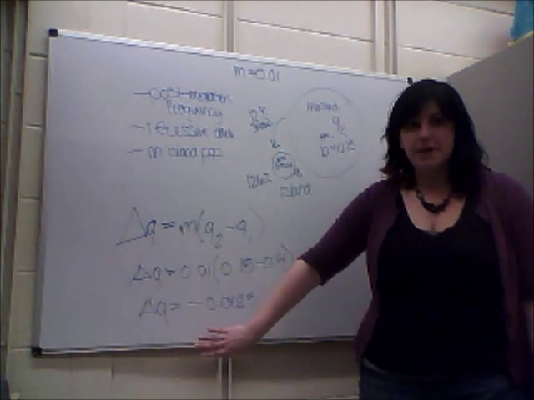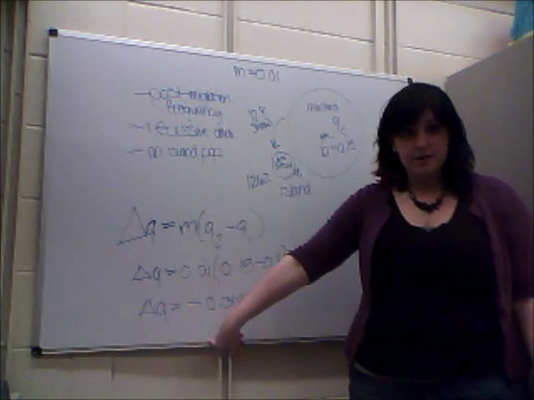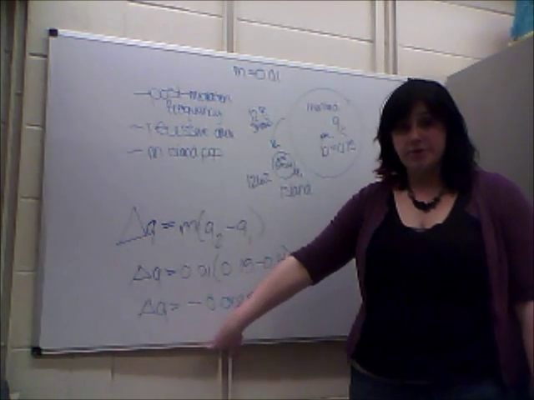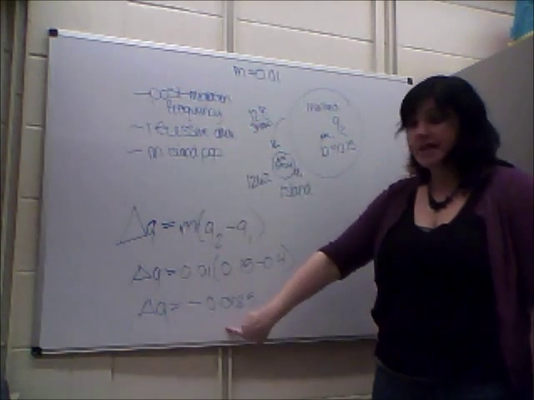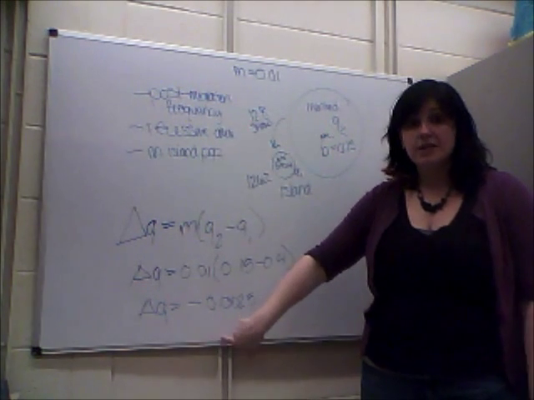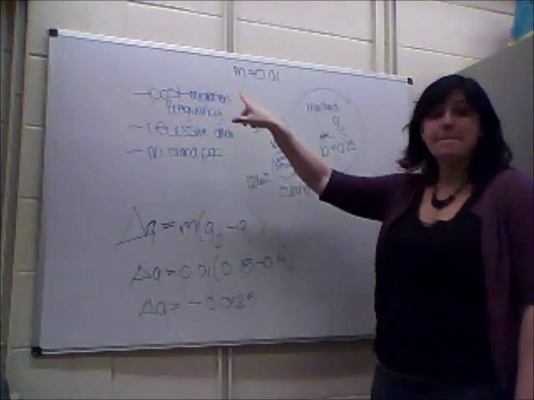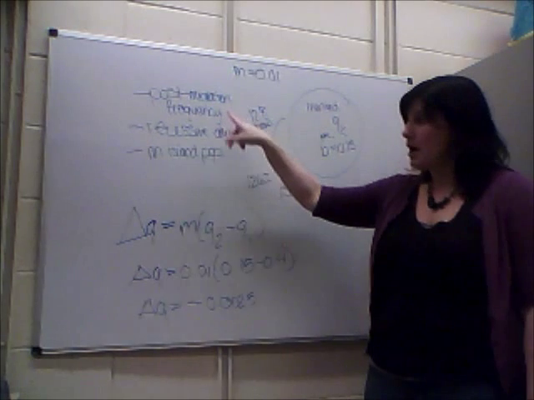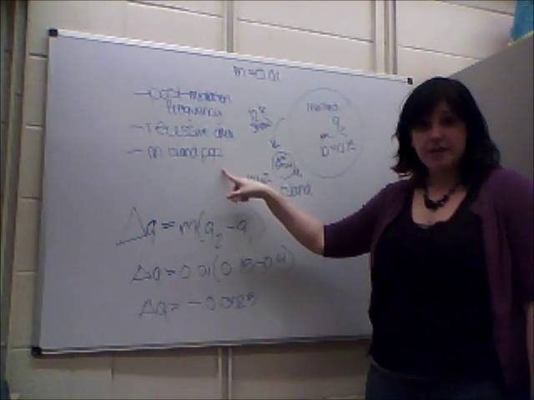Most people stop here when they turn in the homework or on an exam. Do not stop here. Common issue number 2. This is not what the problem is asking for. This number we just found, delta q, is the change in allele frequency. The problem is asking for the post-migration frequency of the recessive allele in the island population.